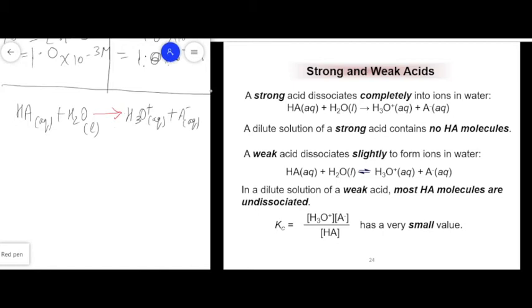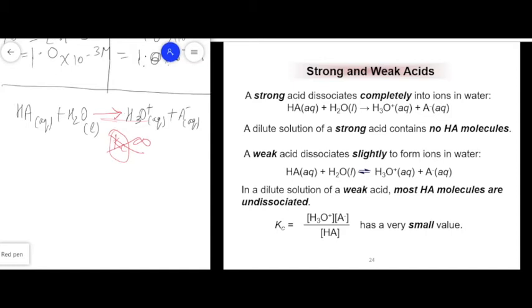When we have this kind of an acid, in the presence of water you're not going to see any HA present. The equilibrium is all shifted towards the product. Therefore, since there is no equilibrium, the equilibrium constant is almost unimaginable. It's regarded as an infinite number. So the equilibrium constant does not apply to a strong acid or a strong base.